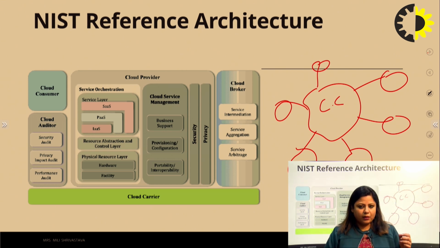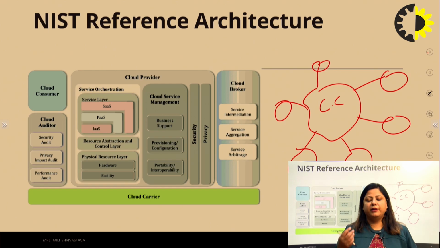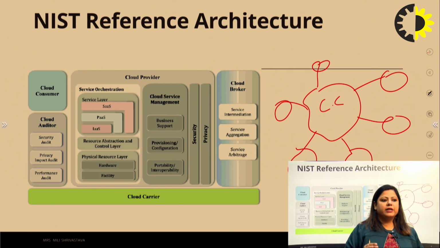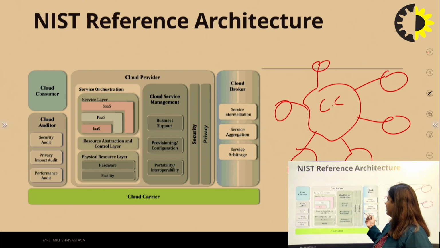So this is basically the entity that uses cloud services. There are different types of cloud services that can be accessed based on public, private, hybrid and community. Consumers interact with the cloud providers, which is also based on the service level agreements.